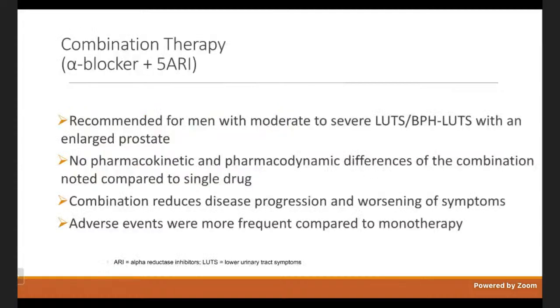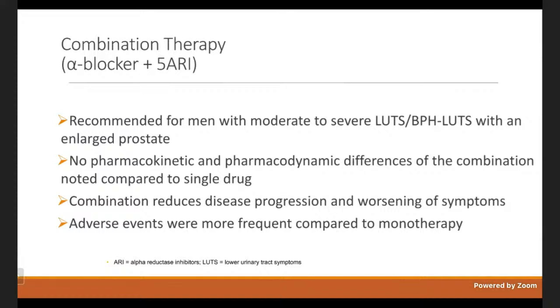Moving on, as I already told you, monotherapy with an alpha blocker alone is not very efficient. If the patient has a prostatic enlargement with prostate volume more than 40 grams, then combination therapy is recommended, as it is more useful than monotherapy alone.